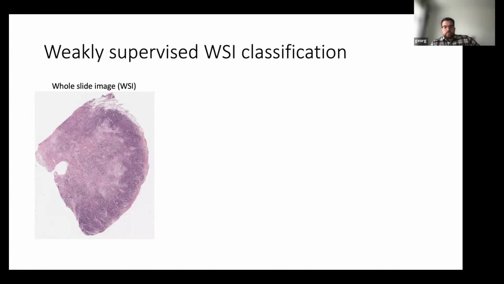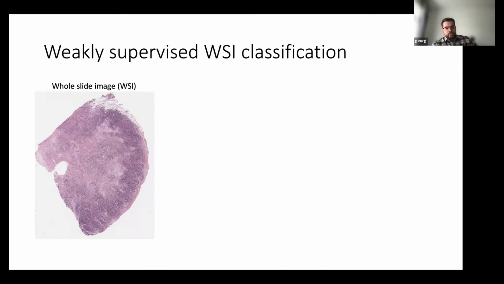So it can be around 100,000 by 100,000 pixels. And oftentimes we have a whole slide image and some sort of label associated with that image. So we might have a patient and some information about that patient. And for a particular patient, we might have one or a couple of whole slide images.